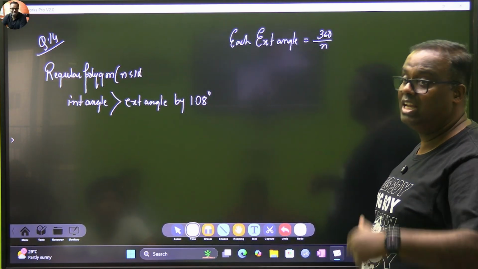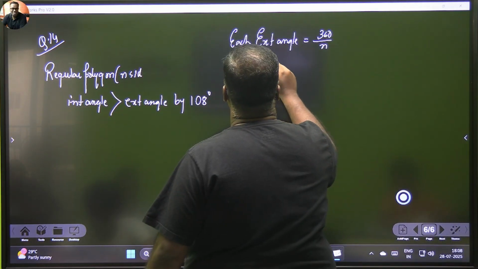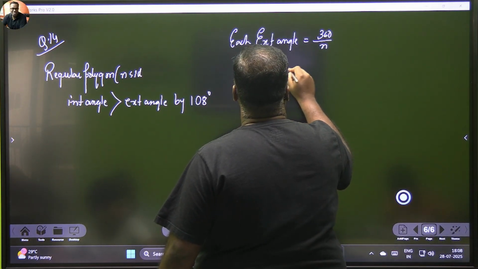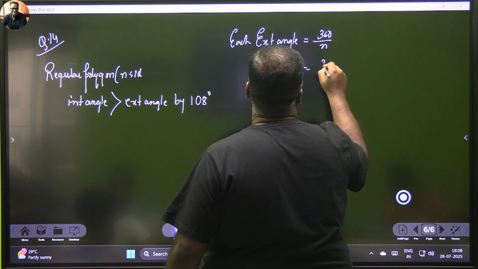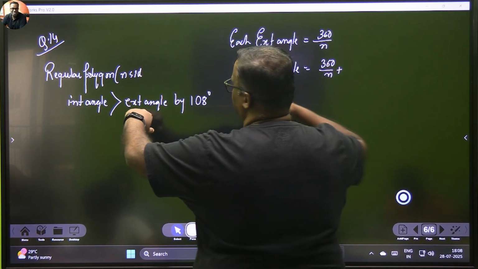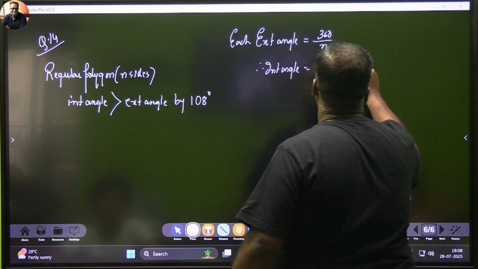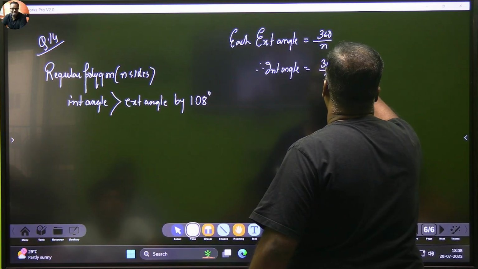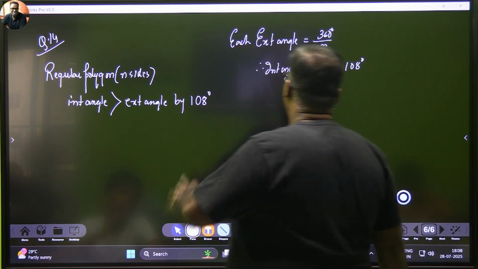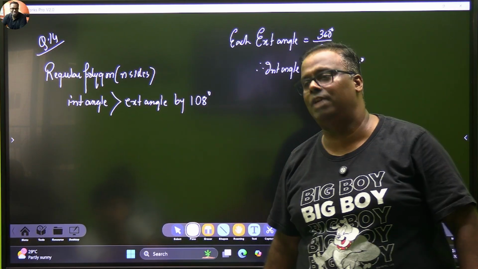Now the interior angle exceeds. So we write, therefore, interior angle is 360 by n plus 108 degrees. Are we fine? We have found the value of each internal angle, but in terms of n.